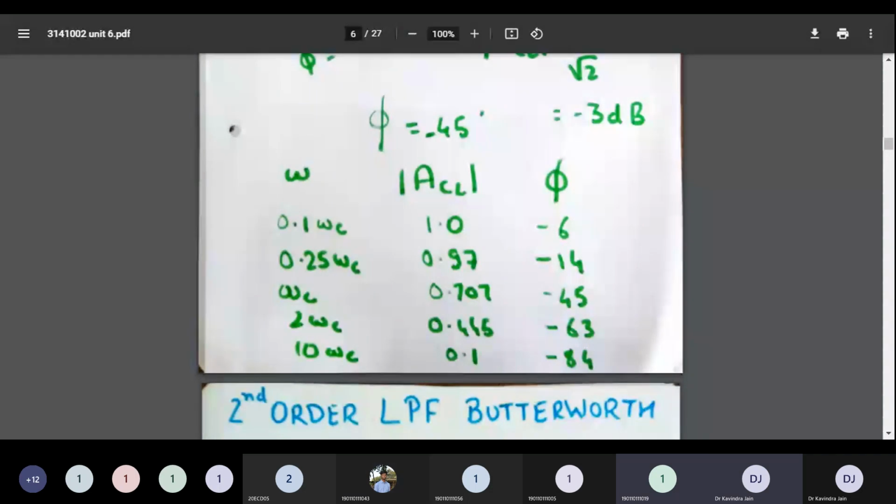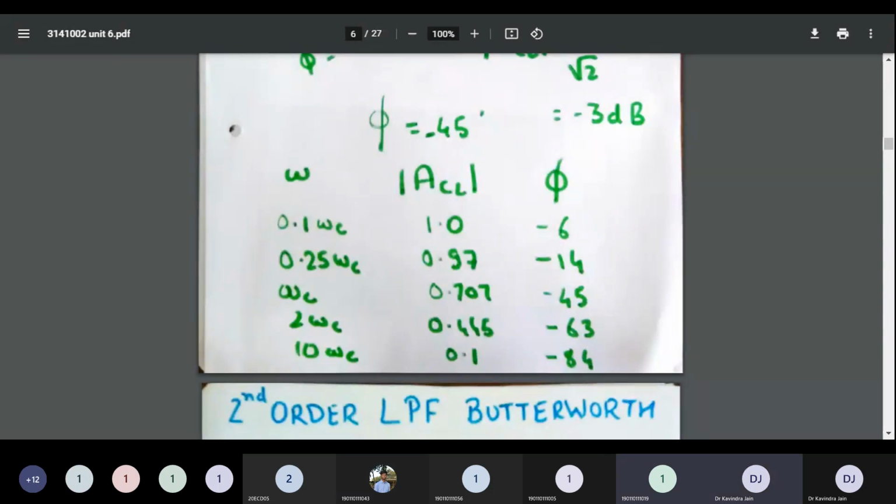For 1000, gain is 1.41, and 20 log is 3.010.